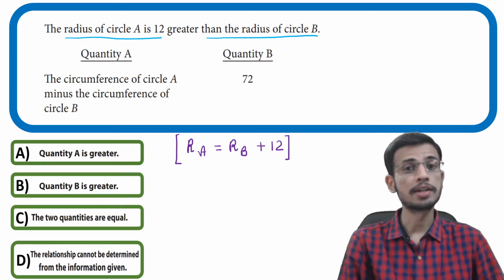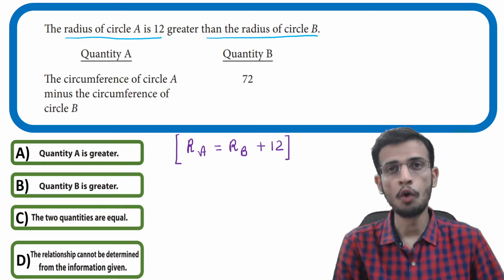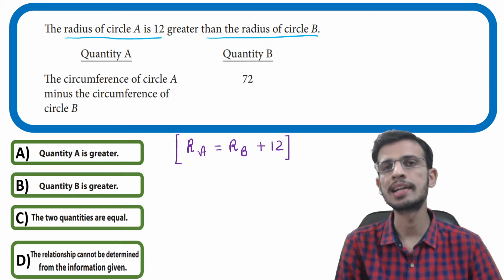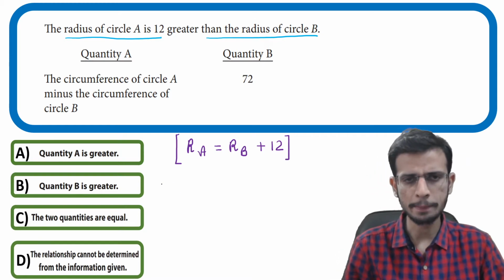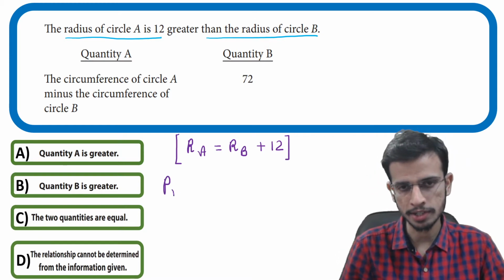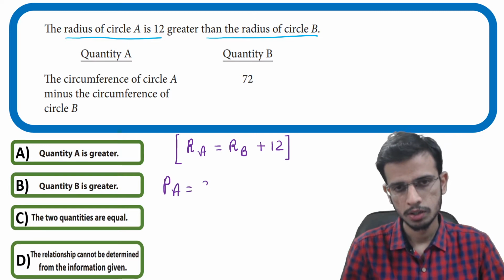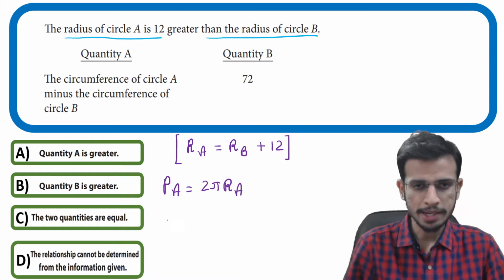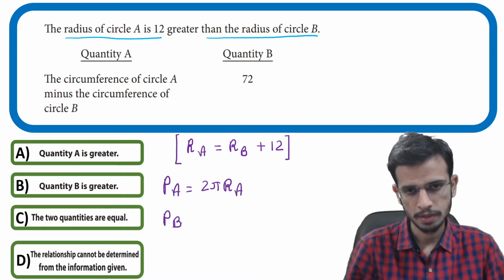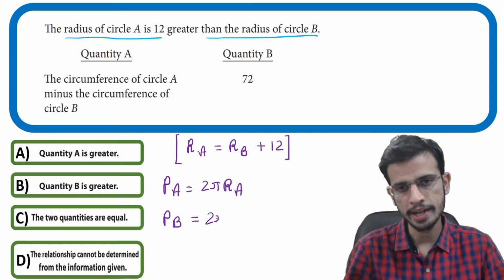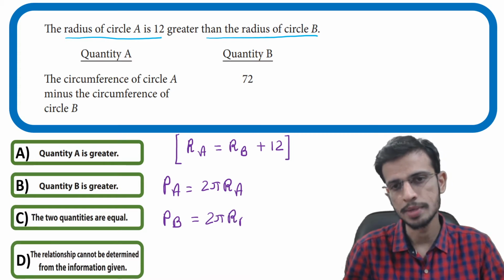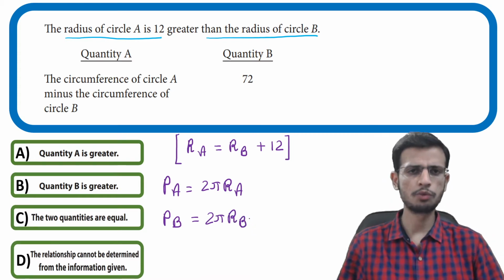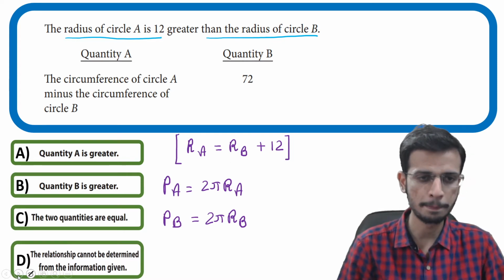The circumference of circle A, that is the perimeter of circle A, will become 2 pi RA, radius of A. Perimeter of circle B will become 2 pi times radius of B. We just want to find the difference, PA minus PB.